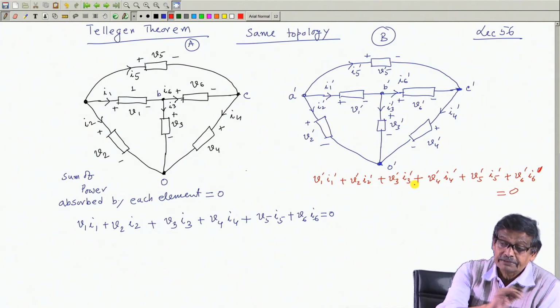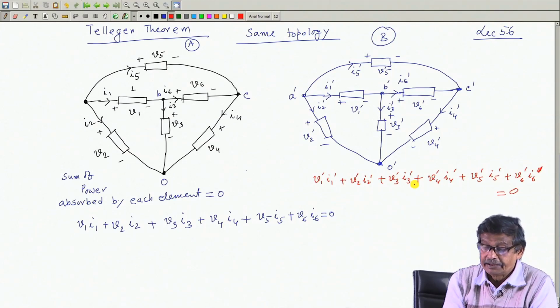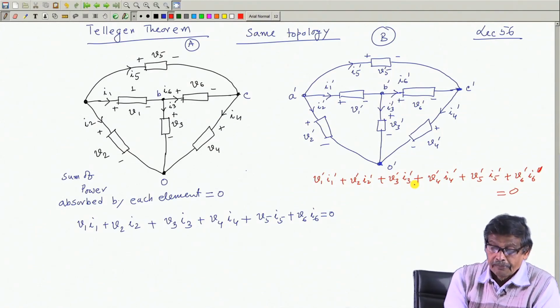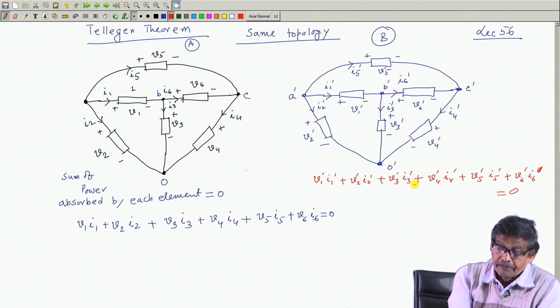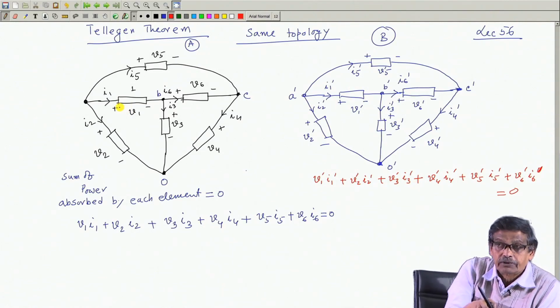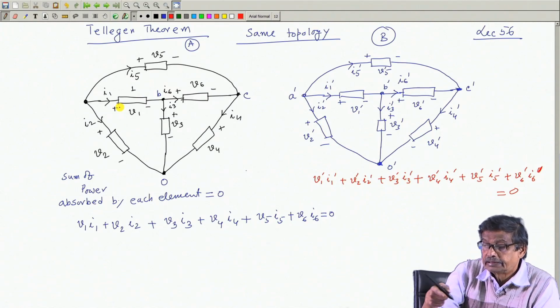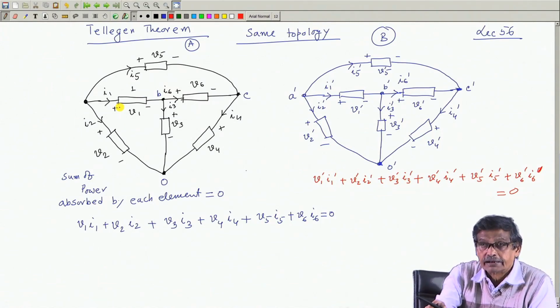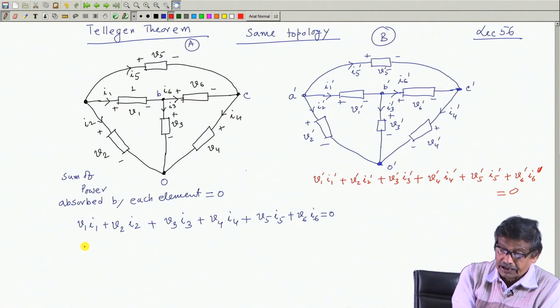But now, Tellegen's theorem states that if you multiply voltages of network A with corresponding currents in those elements in network B, that is what I will do.